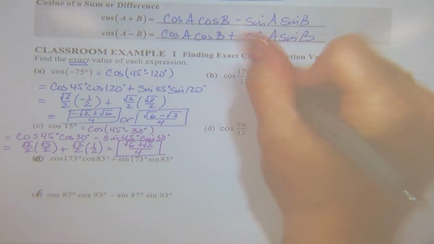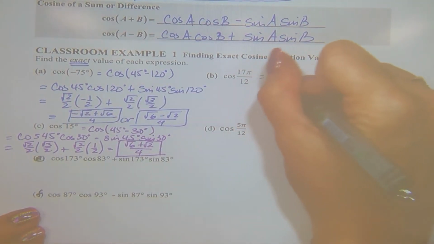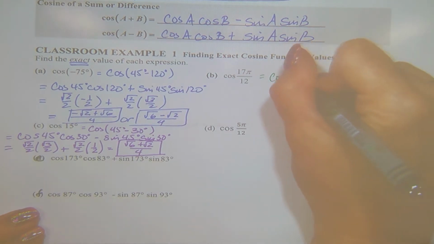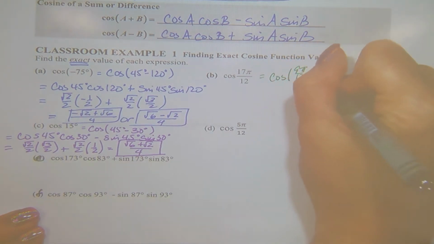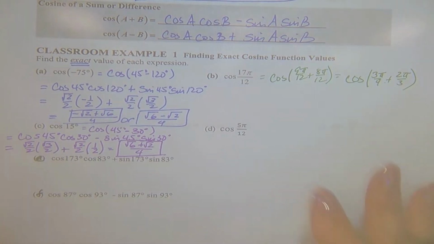Okay, so cosine 17 pi 12ths is the same thing as cosine of 9 pi 12ths plus 8 pi 12ths, and we just said that 9 pi 12ths and 8 pi 12ths reduce to special angles 3 pi 4ths and 2 pi 3rds. Now I'm going to use my cosine sum identity.